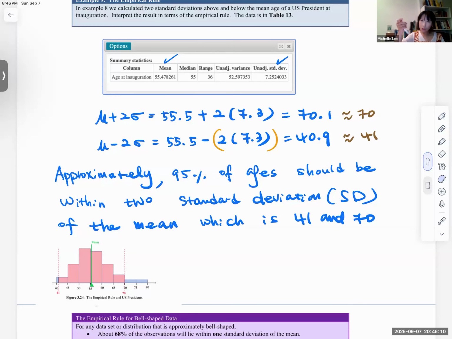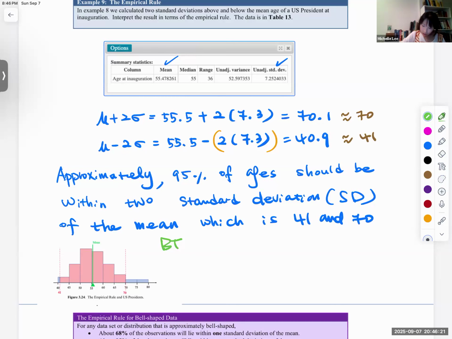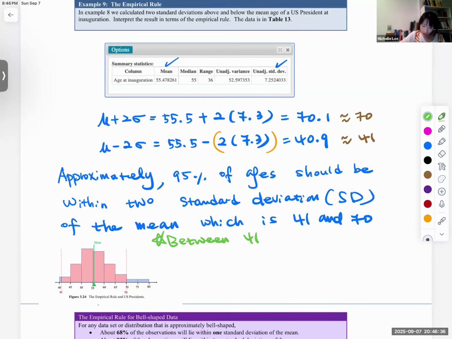So if we count how many of the data set are between 41 and 70, sorry, 40 and 70, there are 44 out of 46, because we can see that only 70 and 78 are outside.